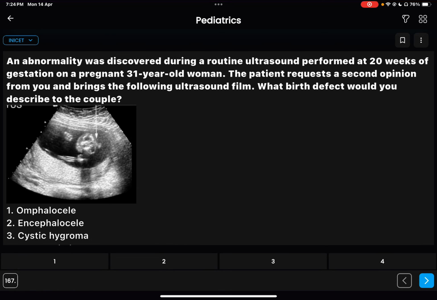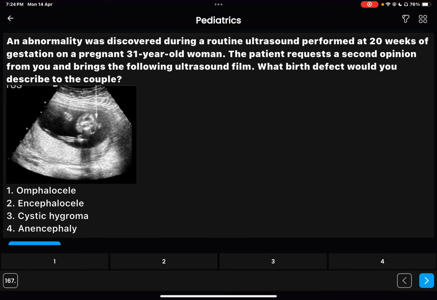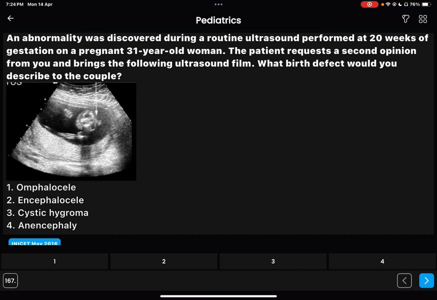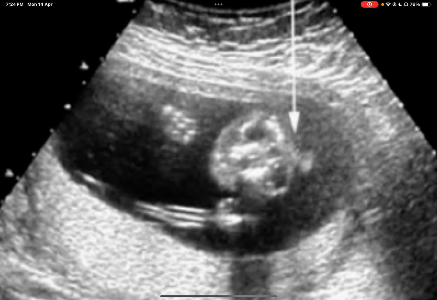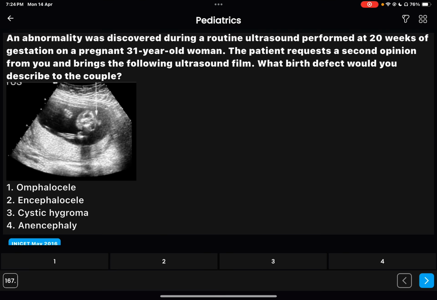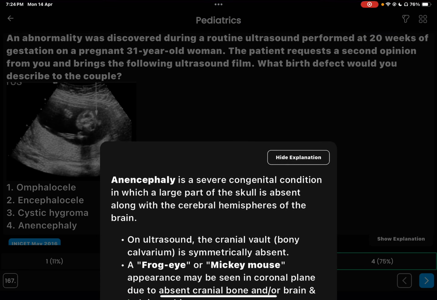Microcephaly seen. Answer is anencephaly.